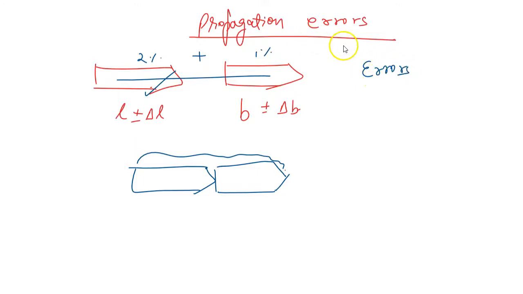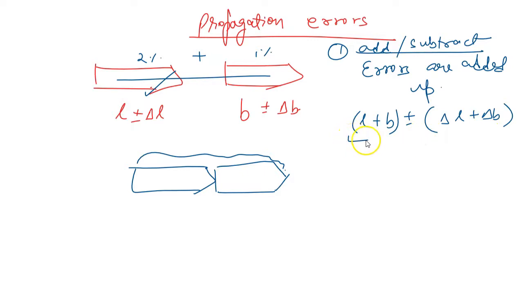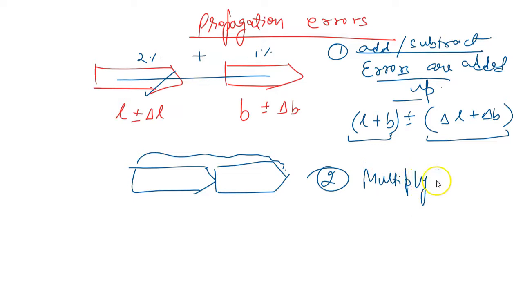So there could be two operations. One, we could add or subtract the quantities. While we add or subtract, errors are added up. So when these lengths are combined, I can write L plus B plus minus their errors, delta L plus delta B. You can see that if I add both quantities, their errors are added up as well. The second possible operation is multiplication or division.